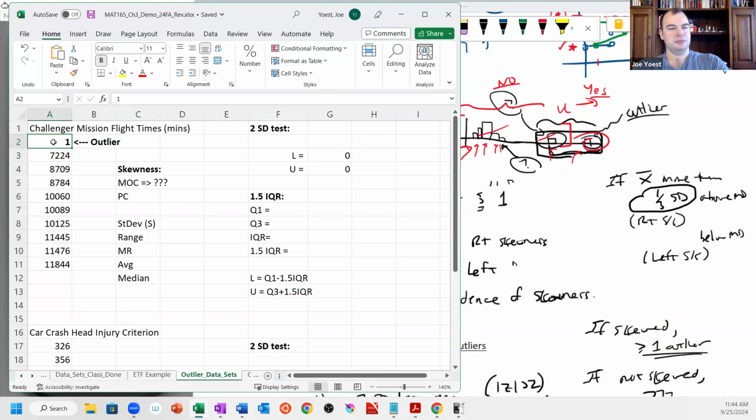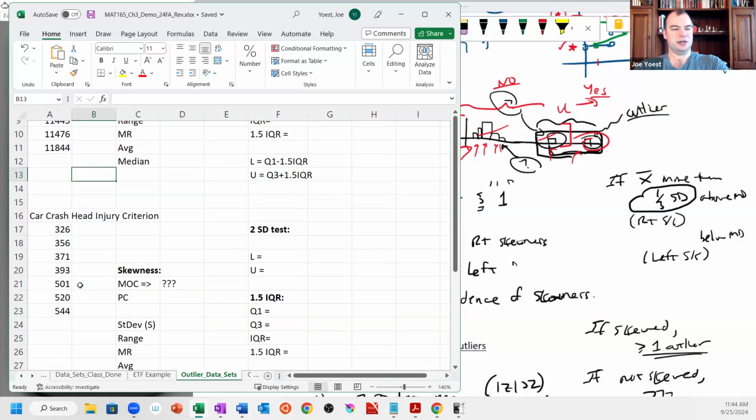So I think we would all pretty much agree, I don't think there's much gray area here, that one is an outlier. All of these other numbers are in the thousands or tens of thousands, right in the ballpark of 10,000. And then we have the number 1. I think we'd all agree that's an outlier. Let's see if our tests pick that up and to what degree they do and so on.